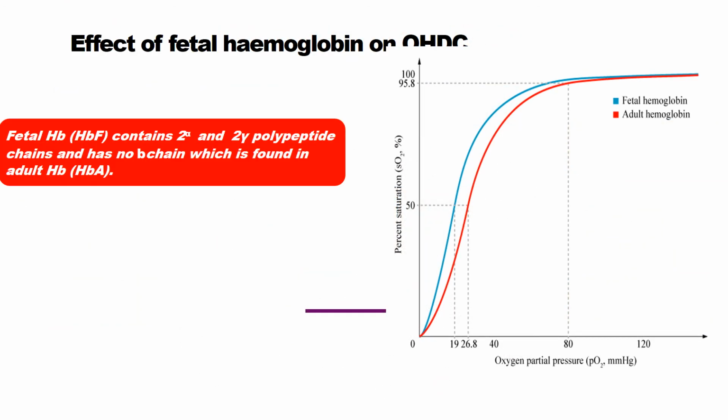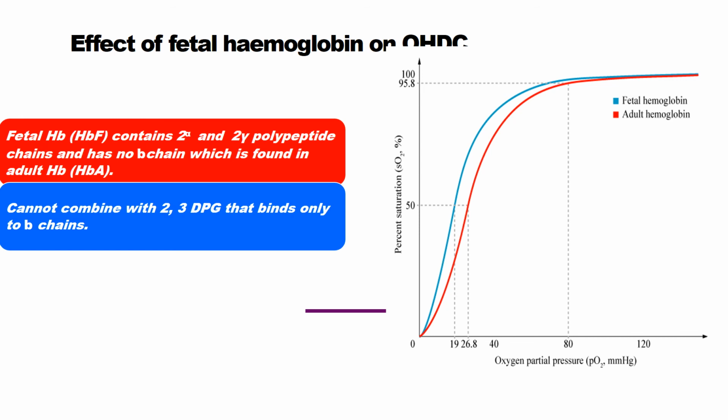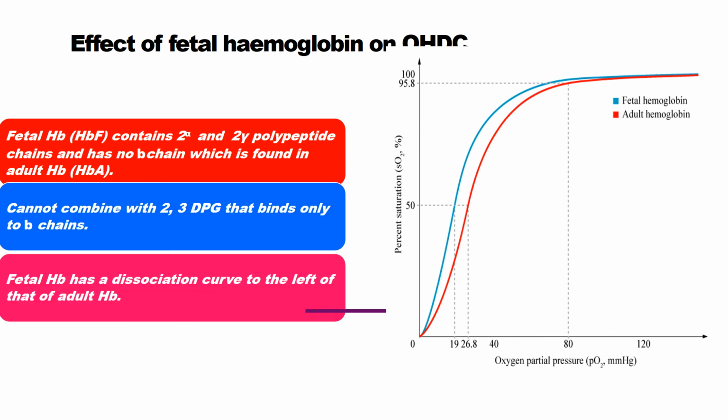Fetal hemoglobin consists of 2 alpha and 2 gamma chains. There is no beta chain, and 2,3-DPG binds only to the beta chain. So in absence of this beta chain, hemoglobin F has an increased affinity to combine with oxygen.